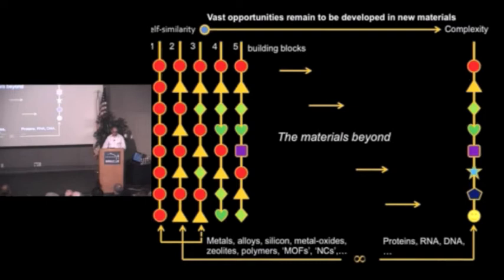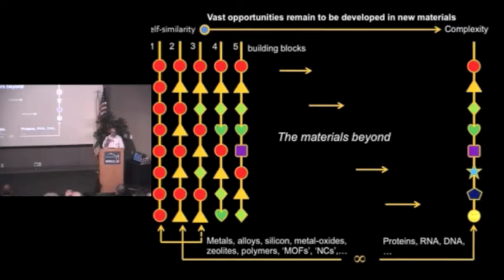And the chemistry and the tools necessary to really explore these materials beyond are different than what we have today. And I'll show you one problem of how this manifests itself when you have multiple building units.